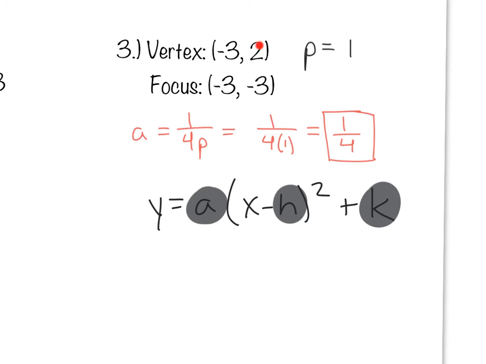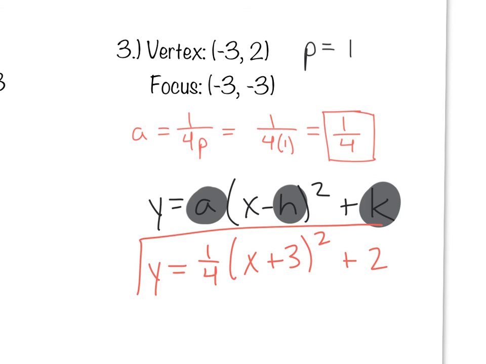My vertex is up here, my A value is right here, so I'm just going to substitute. Y equals, my A value is 1/4. My vertex x value is -3, so it's going to be +3 in the parentheses, and plus 2. And that's how we get the equation from the information given.